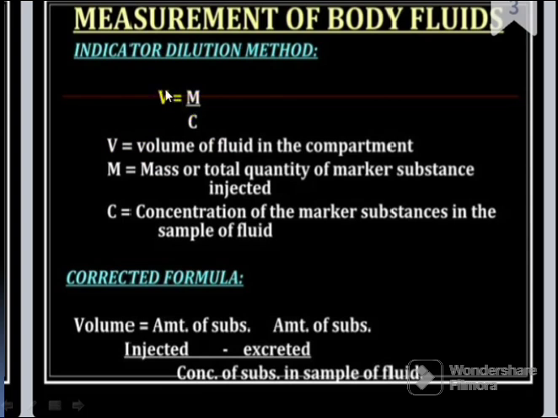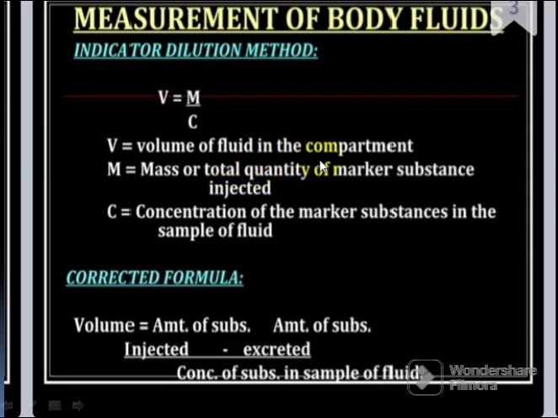Use a formula for measuring body fluid compartments. Mathematically, fluid compartments can be measured using the formula V is equal to M over C. Where V means volume of fluid in the compartment.